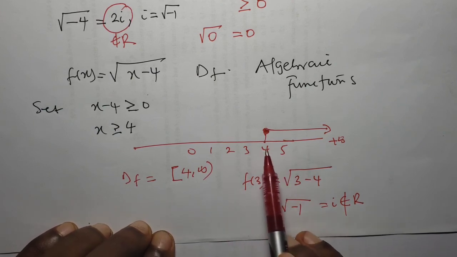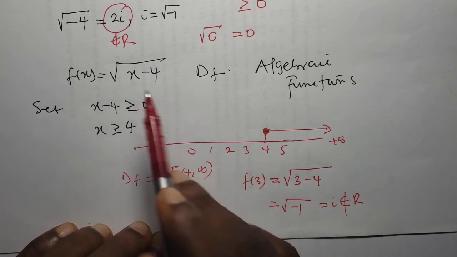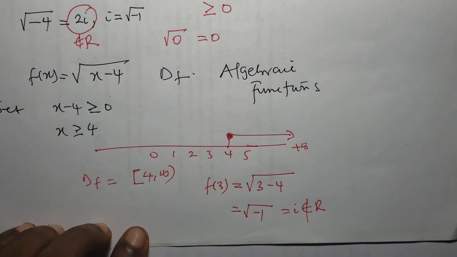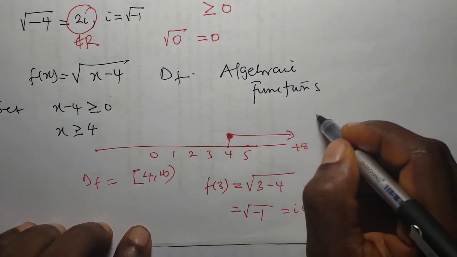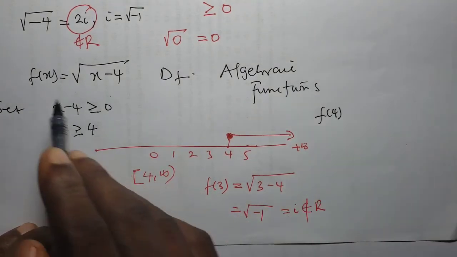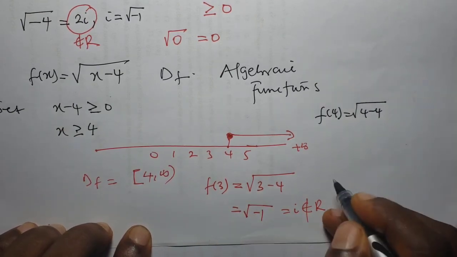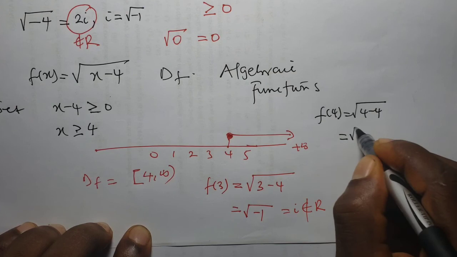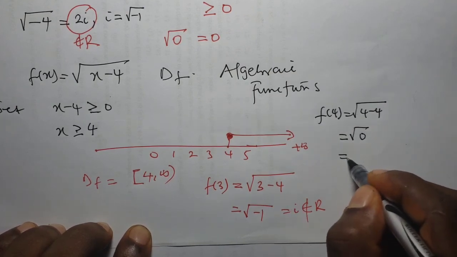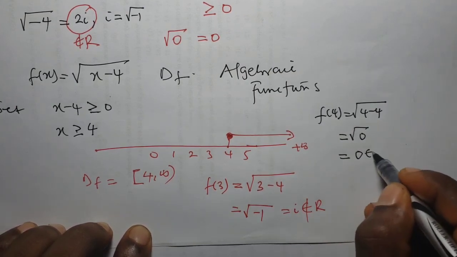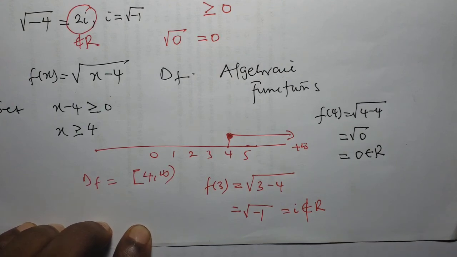But if we plug in the value 4 into this function, what do we get? We get f of 4 equal to the square root of 4 minus 4. And 4 minus 4 is 0. The square root of 0 is 0. And 0 again is a real number.